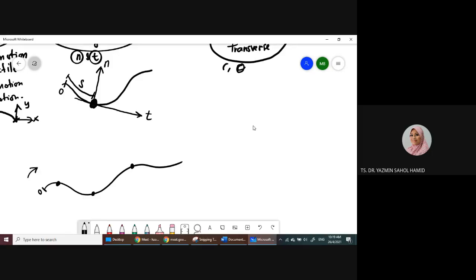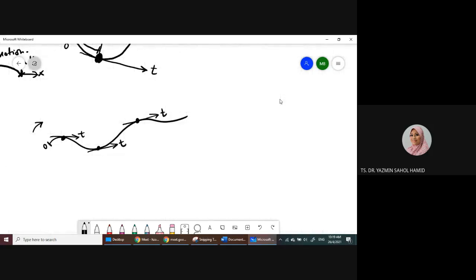This will be the tangent, this will be the tangent, this will be the tangent. And the normal will be concave to the curve.